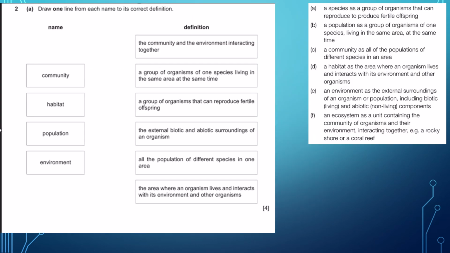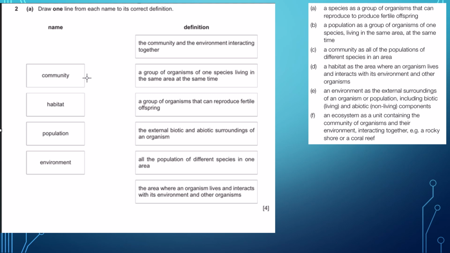So our next question, question 2, is a 4-point question. This is actually one of the easier questions because you only have to draw a line from each name to its correct definition. All of this is from section 5, marine ecology, section 5.1, the components of the ecosystem. So now it's up to you to see how well you remember the different things.